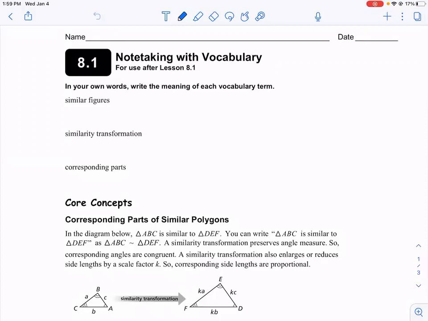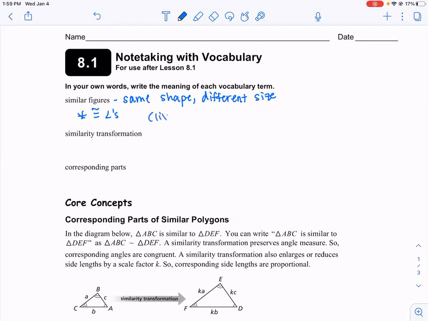Emily. Same shape, but not the same size. So I really like that she said congruent angles. Okay. Have we done something in this class, maybe last semester, where our figure was the same shape but different size? Yeah.